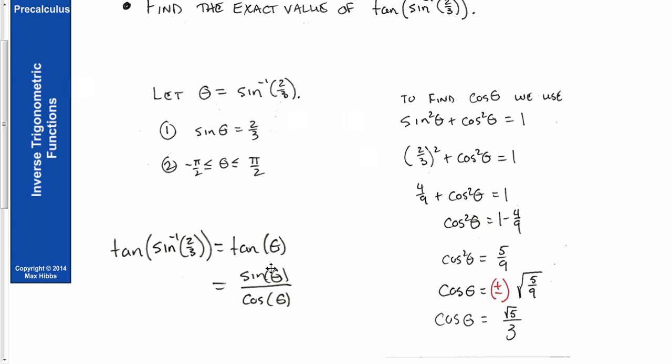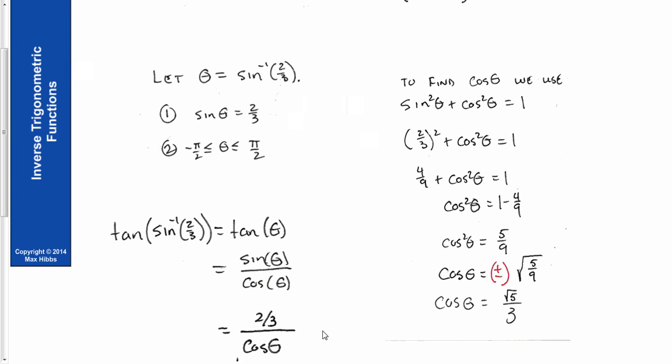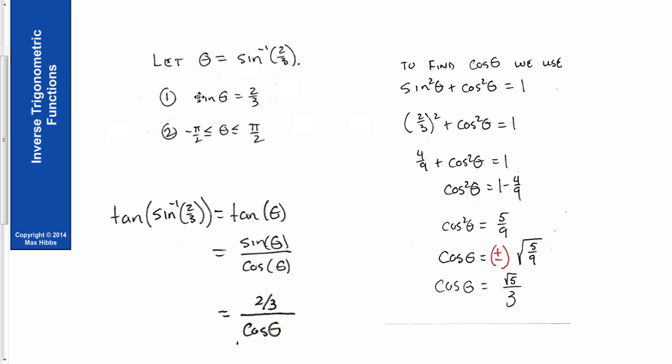And since tangent of theta is sine of theta over cosine of theta, and we already know the value of the sine of theta from above, sine of theta is 2/3, then all we're left with doing is finding out the value of cosine of theta. And so that's what I'm doing over here, okay? I kind of got ahead of myself here, I apologize.